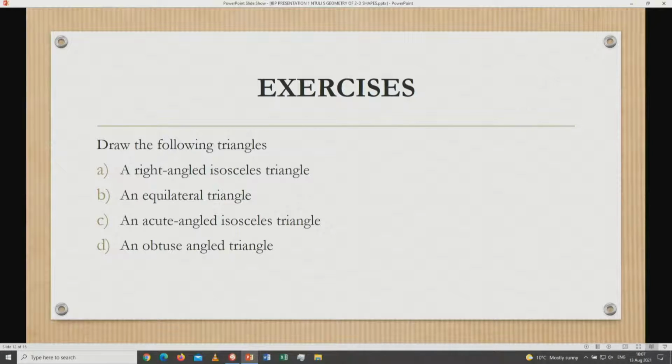Since we have already seen the right-angled isosceles triangle, now we need to draw it. What I would advise is that you have your ruler, your 30 centimeters ruler, ready, and we may start to draw it.